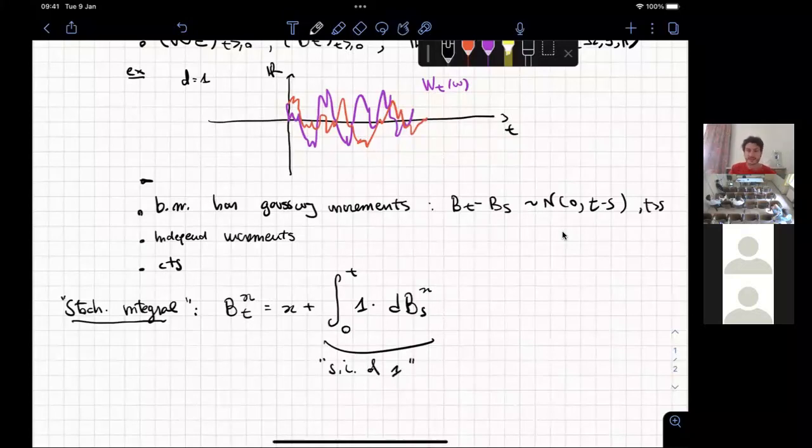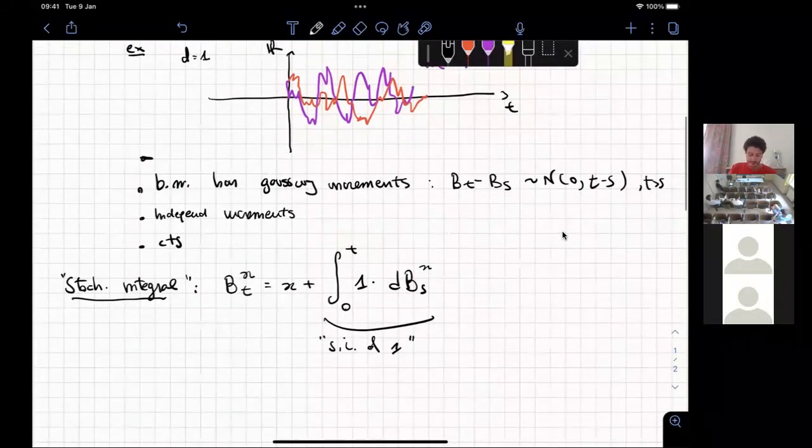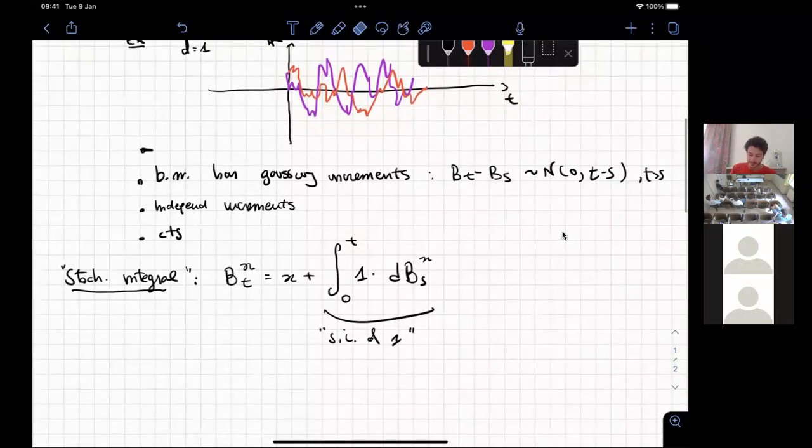Okay, it makes sense, but we don't want to go into the details because it's long. But we just keep in mind this notation. And here it is natural that this follows the usual rule of integration, at least in this case, because in more general cases it does not.